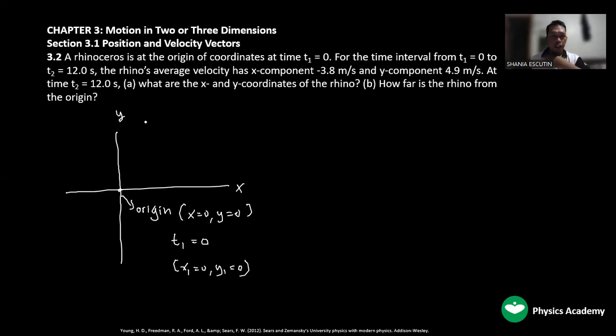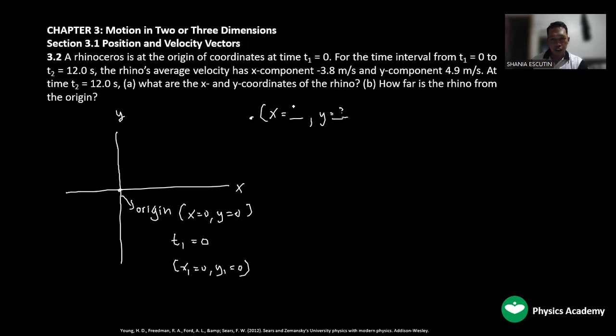After 12 seconds, we are now at some point in the coordinate where we have an x which we do not know and a y which we do not know.